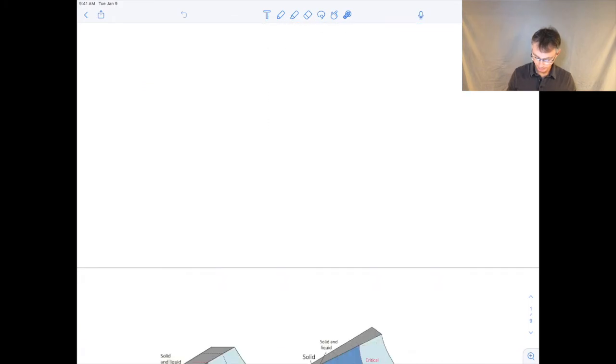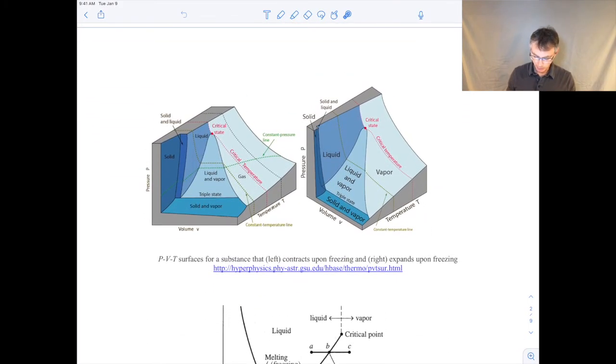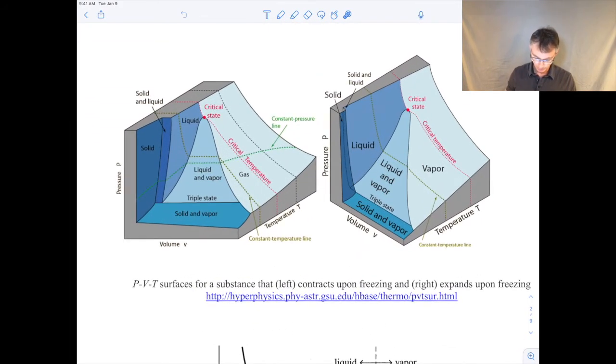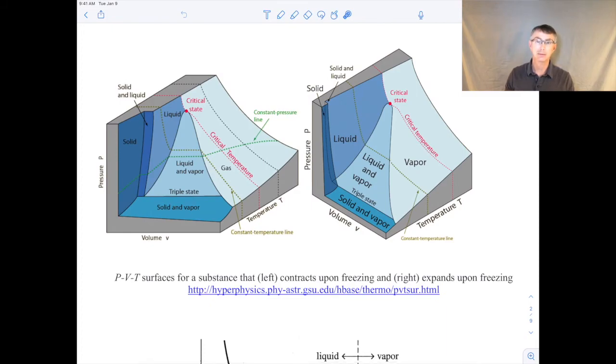Now, the first thing we're going to take a look at is the phase plot of a typical substance. You can see two images here. They're basically the same kind of plots. The one on the left is for a substance that contracts upon freezing, and the one on the right is one that expands upon freezing. The one on the right would be something like water.